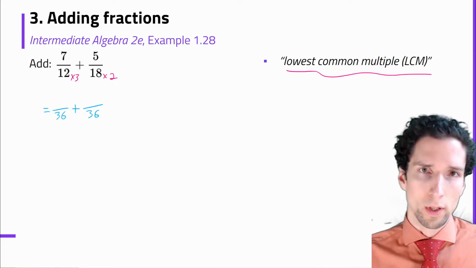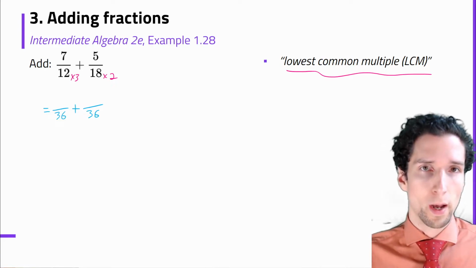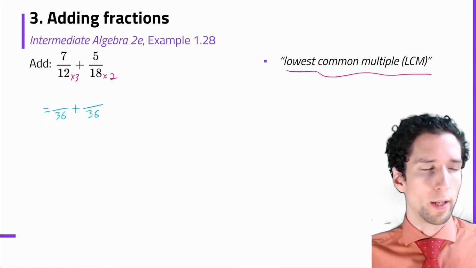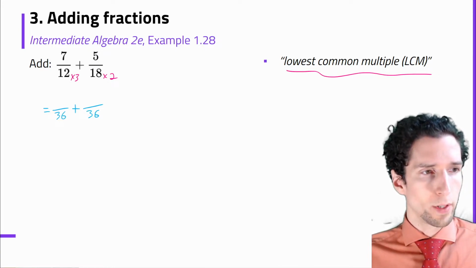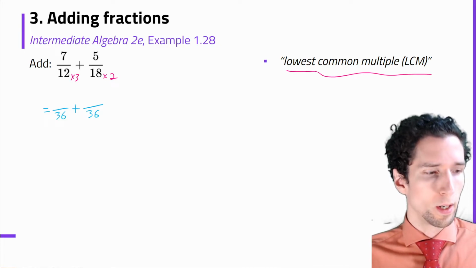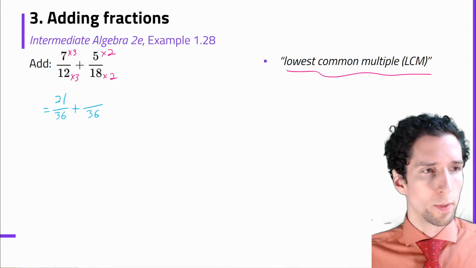And then if the denominators, the bottom numbers, are the same, then we just directly add the two top numbers. So 12 times 3 gave us 36, so 7 times 3, got to keep everything balanced. 7 times 3 would give us 21. 5 times 2 gives us 10, so 31 over 36.